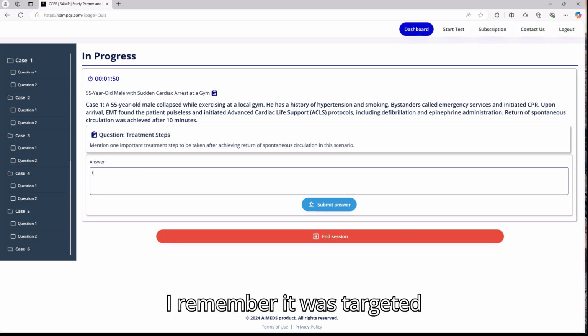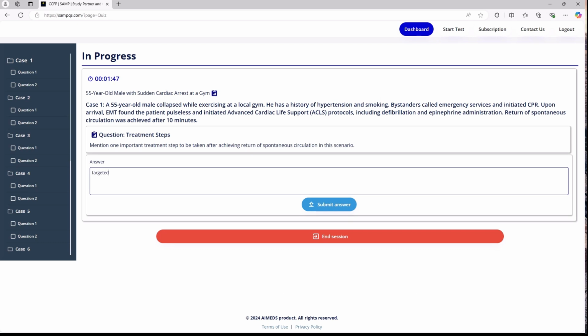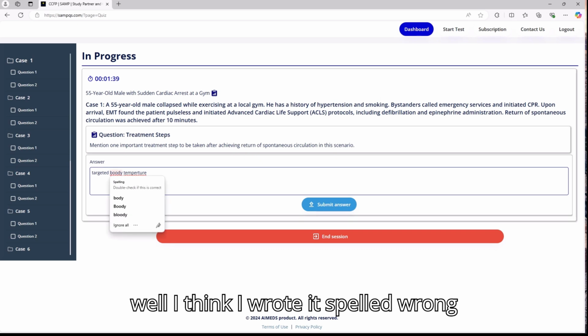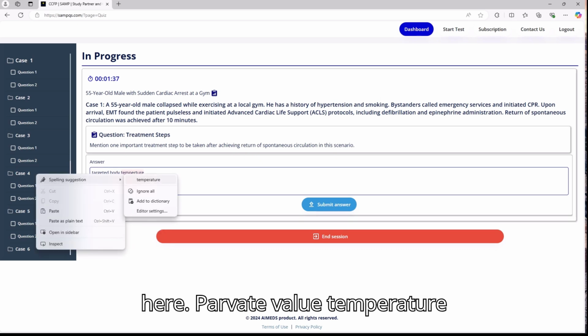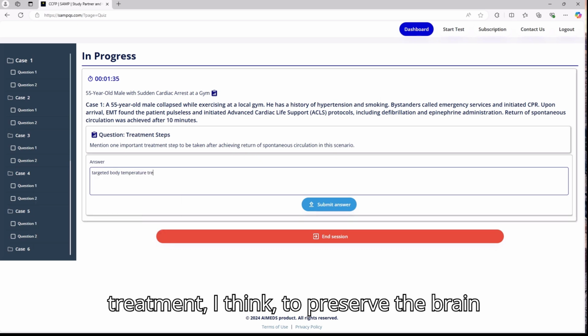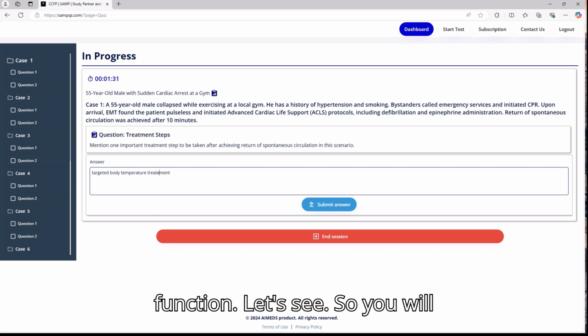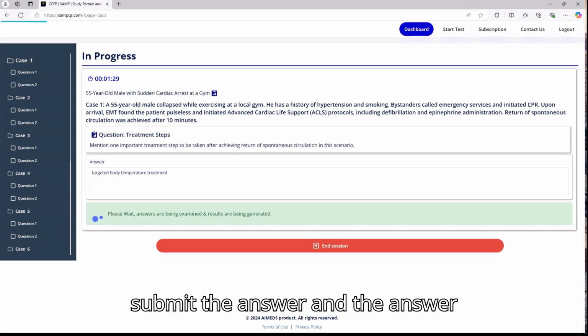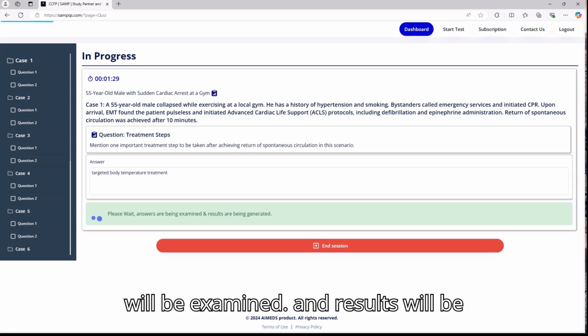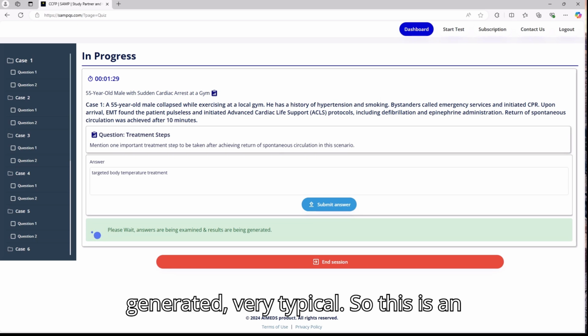I remember it was targeted body temperature. I think I spelled it wrong here. Target body temperature treatment, I think, to preserve the brain function. Let's see. You will submit the answer, and the answer will be examined and results will be generated.